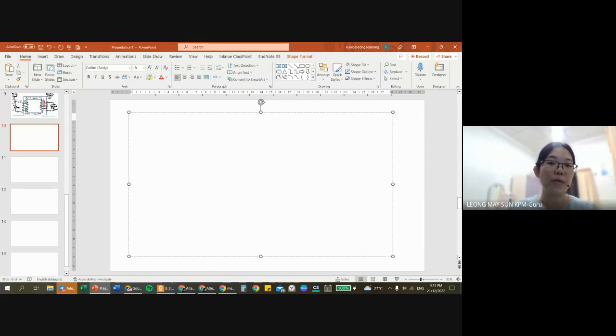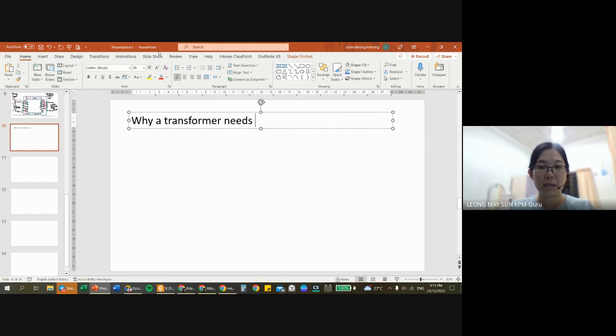All right, so over here, if the question asks why a transformer needs to use an AC power supply, then you have to mention everything regarding alternating current. Don't mention anything about direct current. So why does a transformer need to use an alternating current power supply?